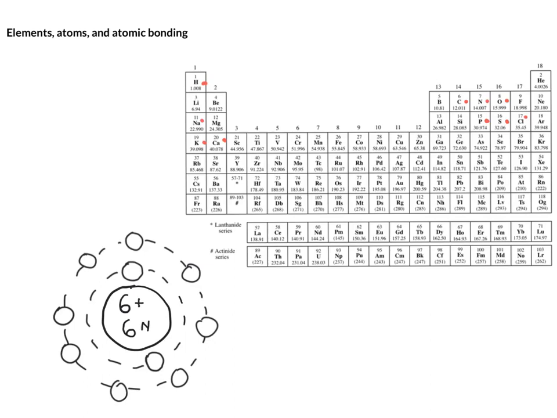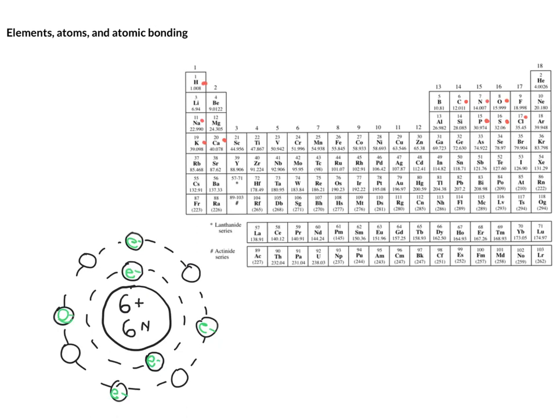So I'm going to grab a different color for my electrons so that we can write them in here. We had 6 protons and 6 neutrons, and so we're going to start out with 6 electrons as our typical amount. So I'm going to load 2 into the first shell, and then that means I can load another 4, if I've done my math right, into that outer shell.